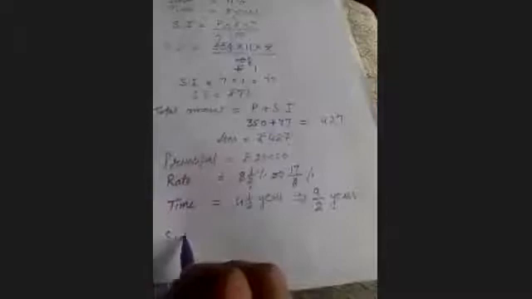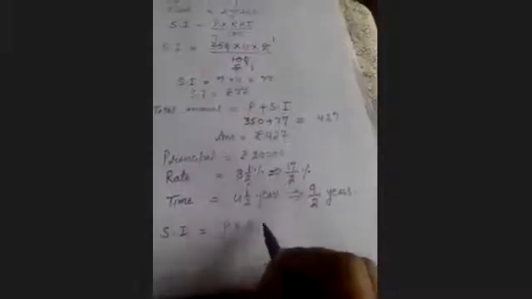Simple interest is P into R into T upon 100. Now solve.